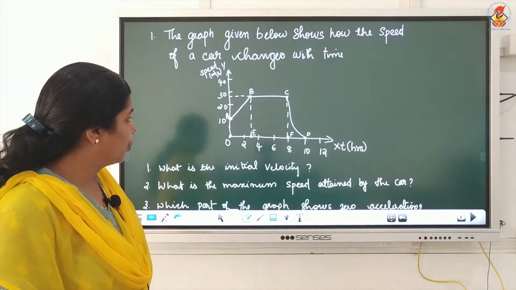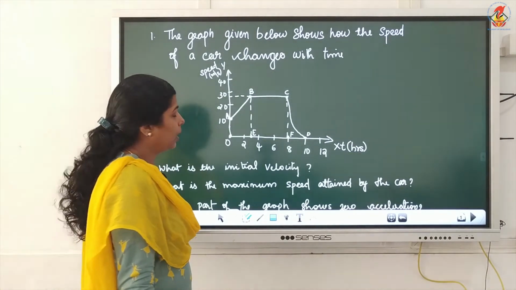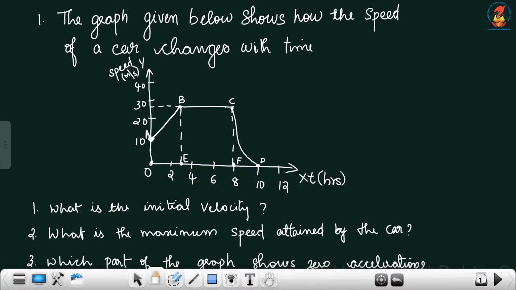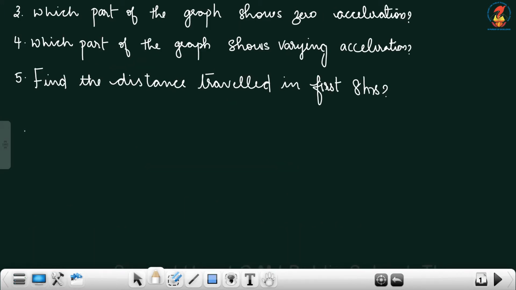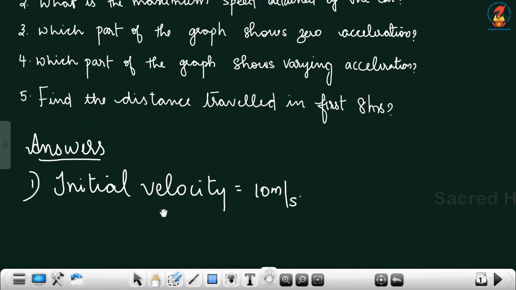The value of the initial velocity is from where the graph starts. Here the graph starts from 10, so the initial velocity is 10 meter per second.